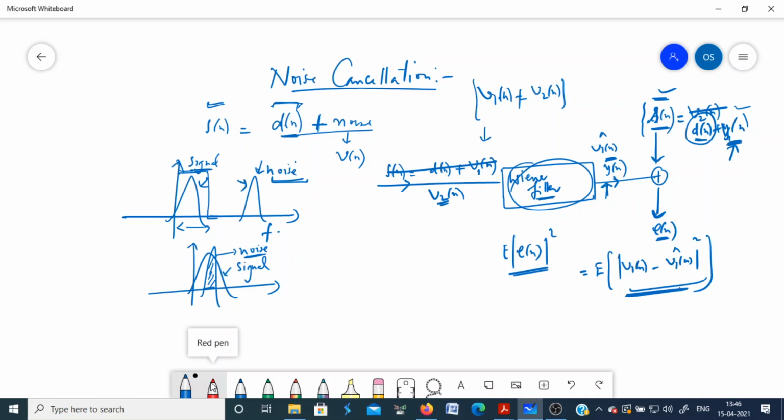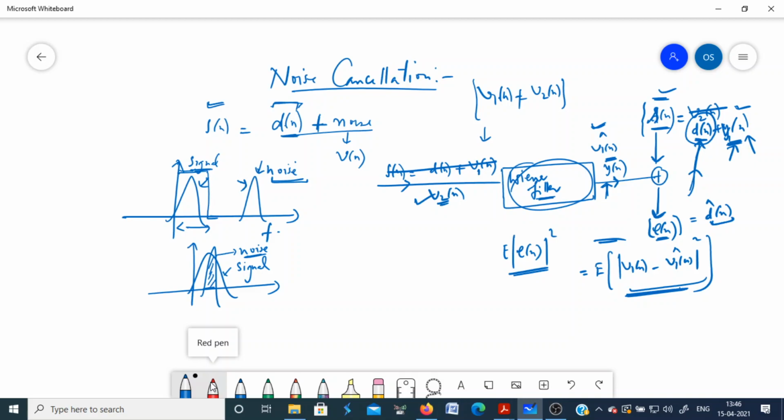What will happen if we assume that dn and v1n are uncorrelated, and v1n and v2n are correlated to each other? This filter will generate a response v1 cap n, which is the best approximation of v1n. In the optimum sense, when you minimize the mean square error between these two functions, this error becomes almost zero. What is left in the error signal is only your dn, so en will give a very close approximation of the information signal.